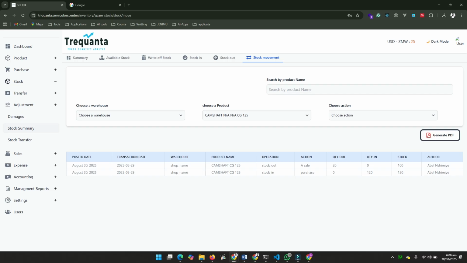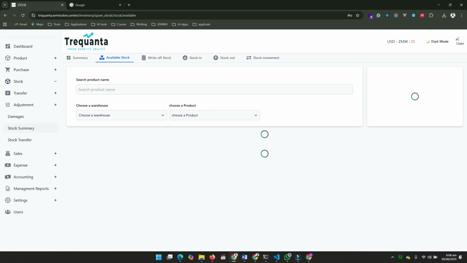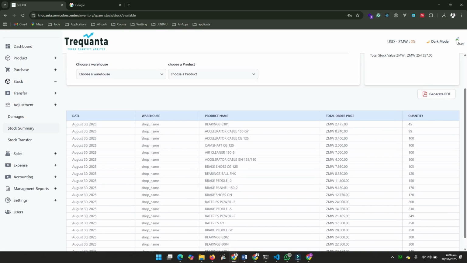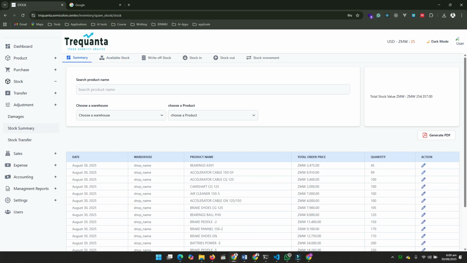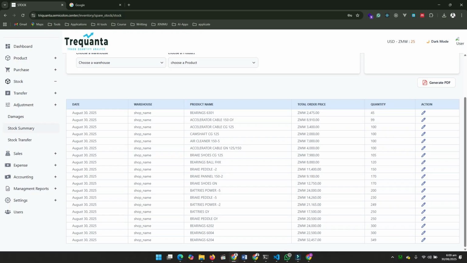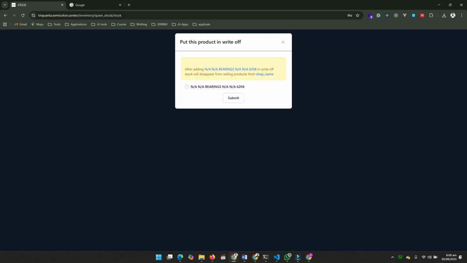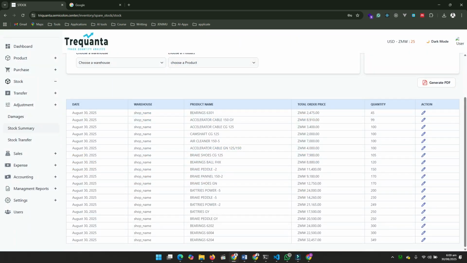This is the available stock, which is the same as the summary, except that on summary we have an additional function which can help you to put one product under write-off. What is write-off? It means maybe you have a product which you have purchased, and you no longer deal with it when it comes to trading.